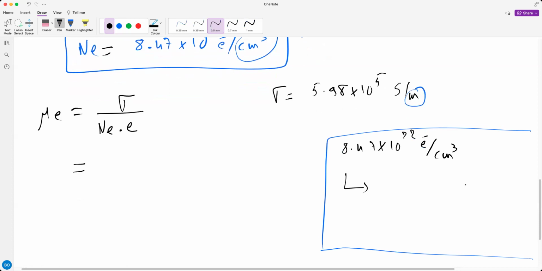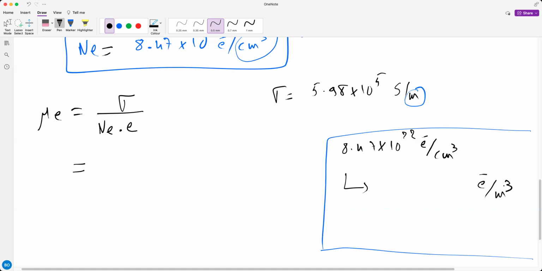If I want to calculate per cubic meter, what do I have to do? 10 to the power of 6.